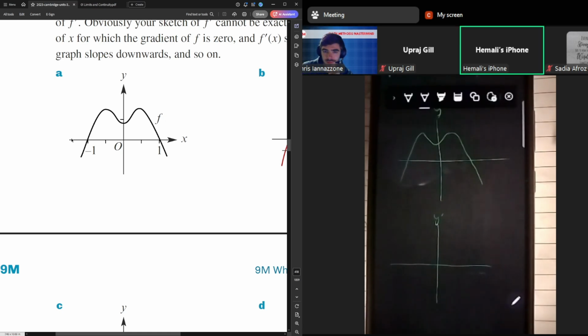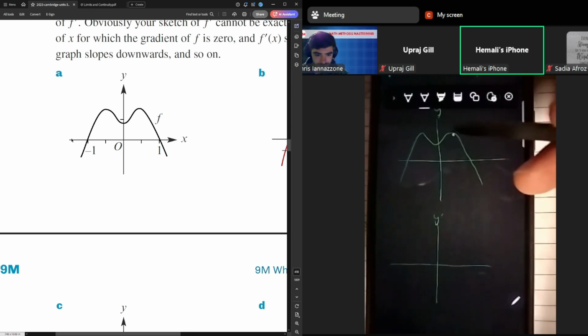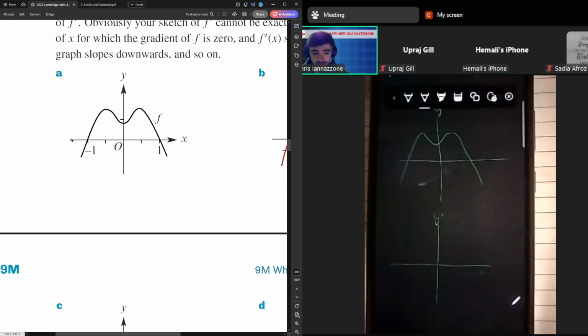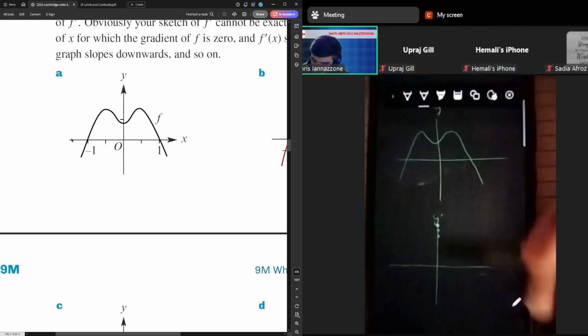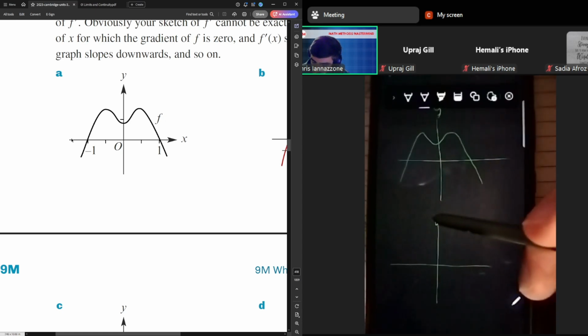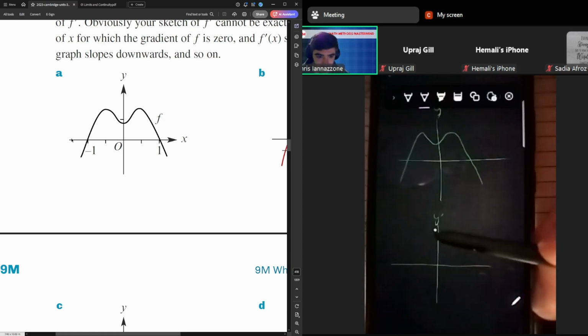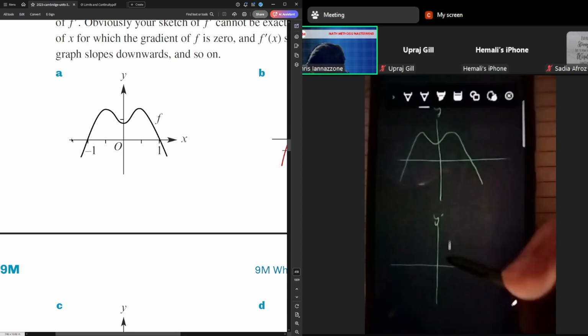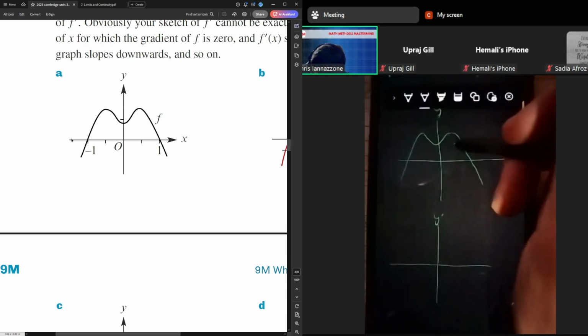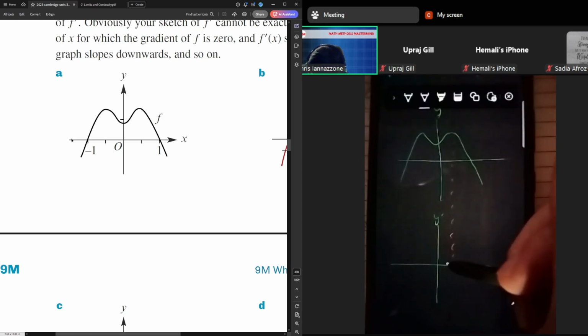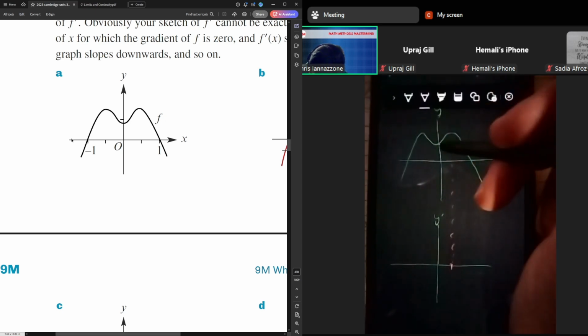Um, because the derivative is the gradient of the original function, right? So when you sub in the x value for the turning point in the original graph, you get 0, if you sub it in the derivative graph. That's it. Yeah. And so those zeros, because derivative gradient is on the y-axis of our derivative graph, any turning point, because it has gradient 0, will therefore mean essentially an x-intercept at these spots.